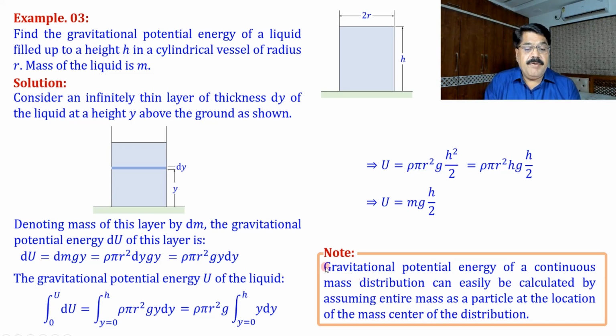Wherever we can find the location of the mass center, we know that for a uniform mass, the mass center is at the centroid of the distribution. But the centroid of a distribution we cannot find in every case. In the cases where we can find the centroid, we'll use that idea to find gravitational potential energy. So let us come to the next example, example 4.